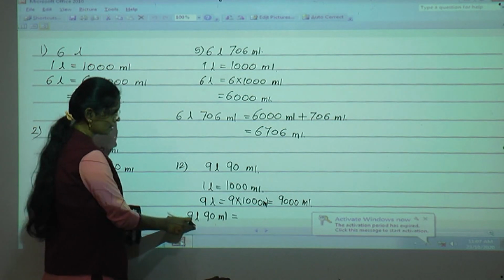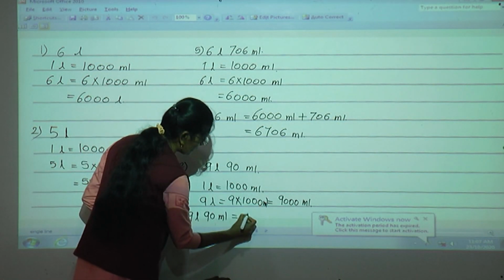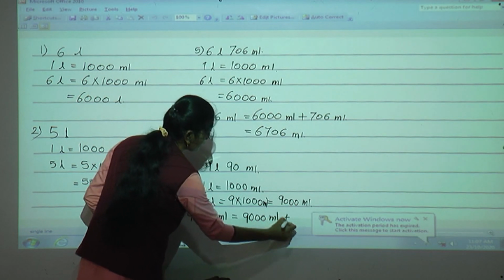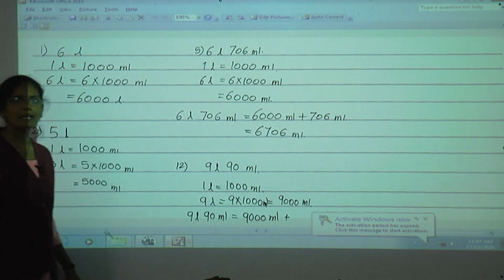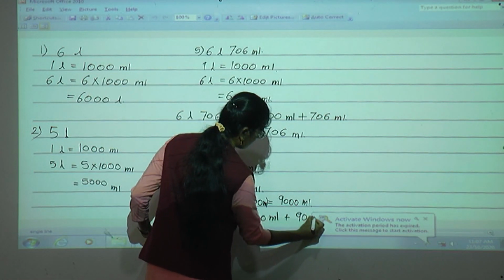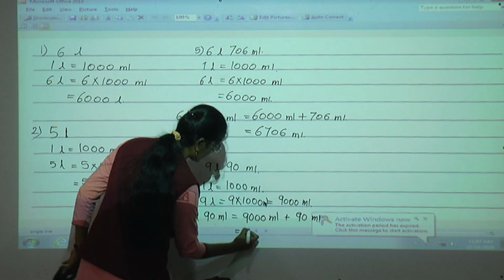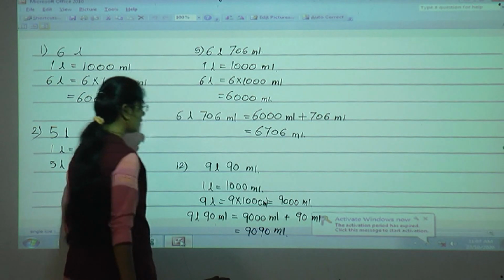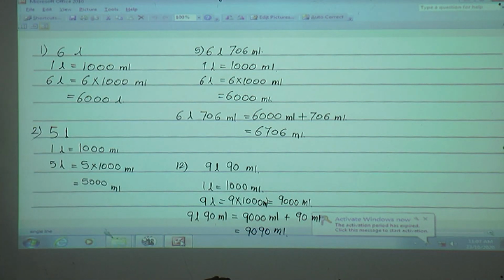Already we have converted this 9 liter into milliliter. 9 liter is equal to what? 9000 milliliter. In that we have to add this 90 ml. So do the addition. 9000 plus 90, yes, 9090 ml. So 9 liter 90 milliliter is equal to what? 9090 milliliter.